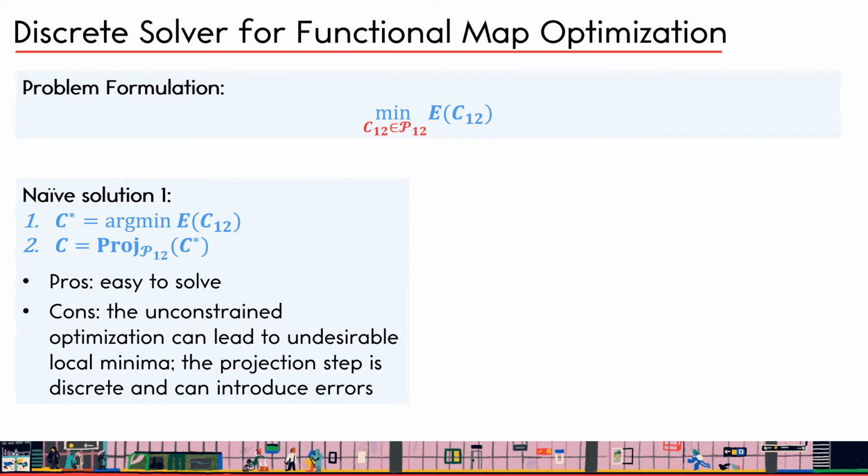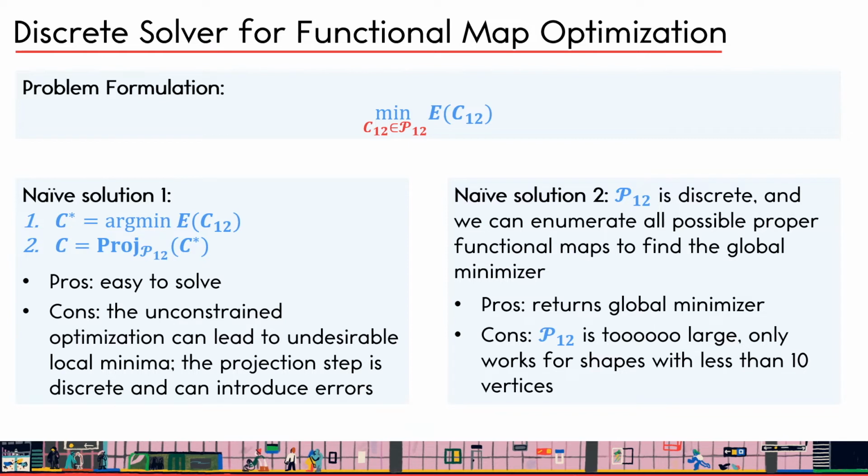As discussed before, it can lead to undesirable local minima, such as the zero matrix, and the projection step can introduce some errors. Another naive solution is to enumerate all possible proper functional maps, since the space is discrete, and then find the global minimizer. However, the proper functional map space is too large, and this exhaustive searching only works for shapes with less than 10 vertices.